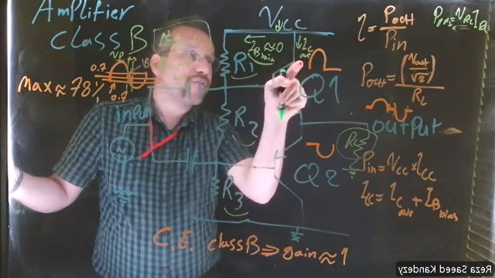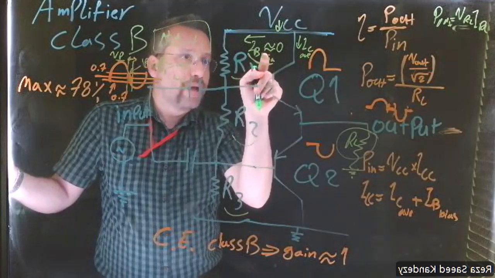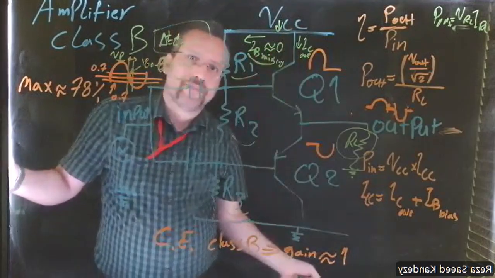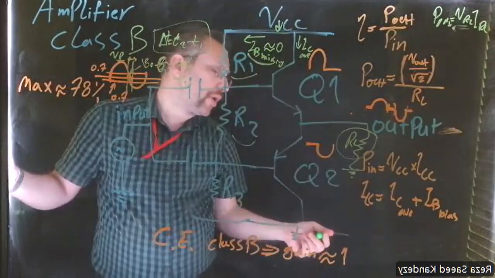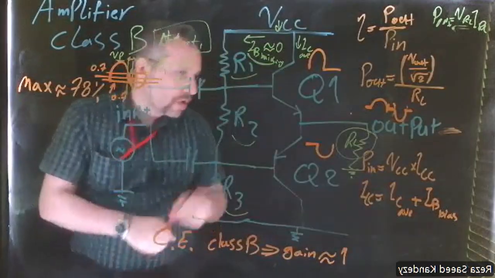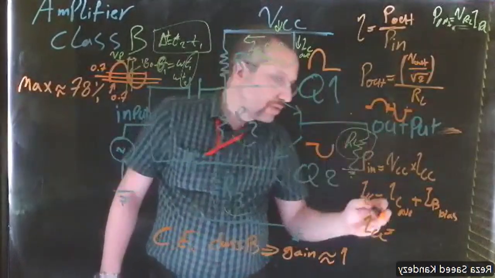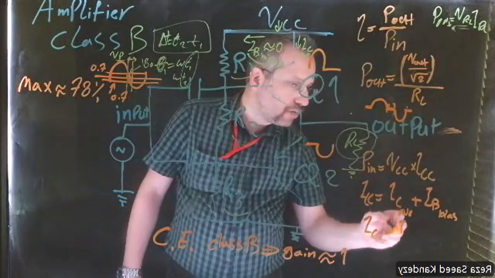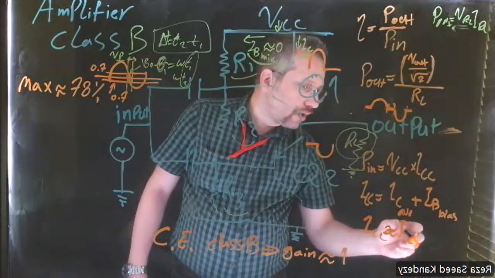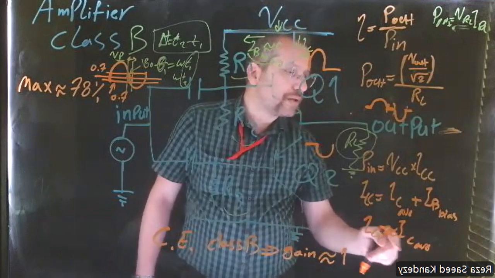This IC average is much higher than the biasing IB, so you can neglect that. Basically, it won't change much in your calculation. So the current ICC injected by the DC source is approximately equal to the average of the collector current.